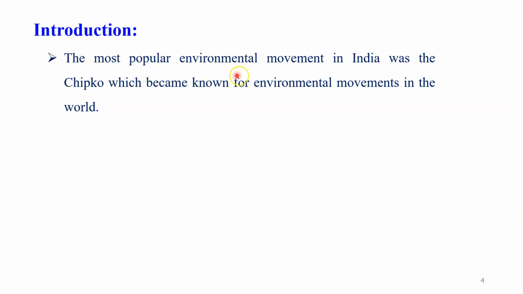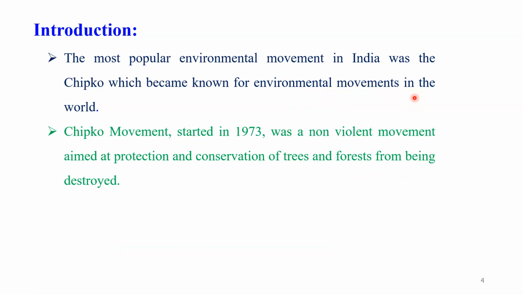The most popular environmental movement in India was Chipko, which became known as an environmental movement in the world. The Chipko movement was started in 1973. It was a non-violence movement aimed at the protection and conservation of trees and forests being destroyed.